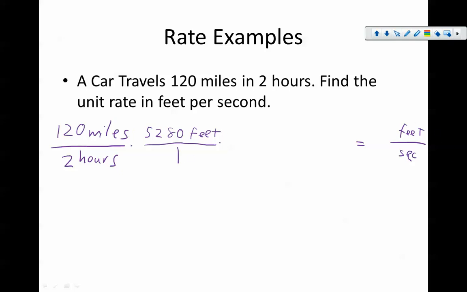Now let's convert the hours. We're going to multiply that by, well, I'm not changing the top anymore, so this is going to be 1 over. We need to convert hours into seconds. So first, let's convert it to minutes. How many minutes are there in an hour? 60.